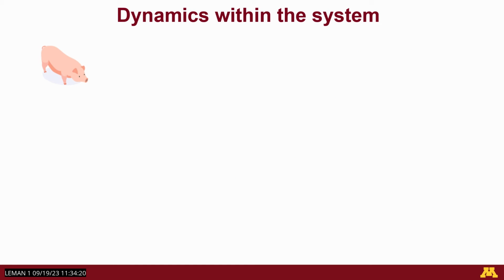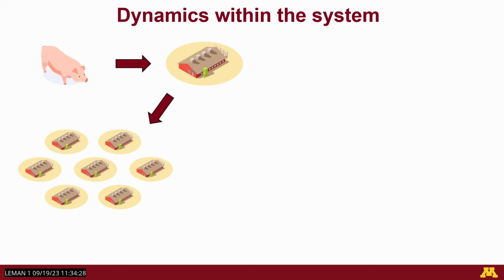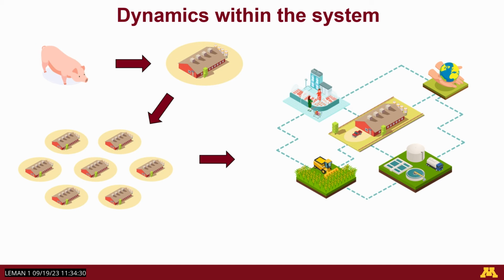We know that in the dynamics within the swine industry, we have different levels. We have the pig, we have the barns, we have a combination of barns, and then we have different layers until we get to the bigger system. As an example, we do research in the research barns, and the data or the knowledge we get from our research barn, we apply it in production sites.